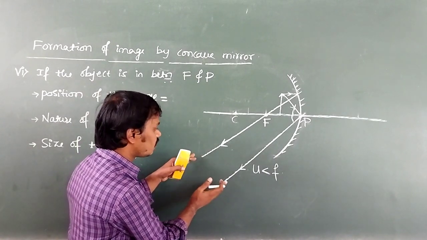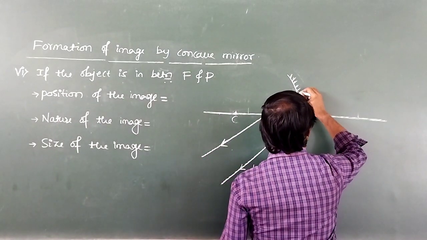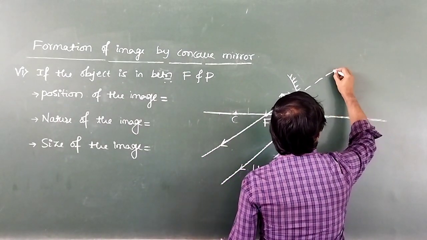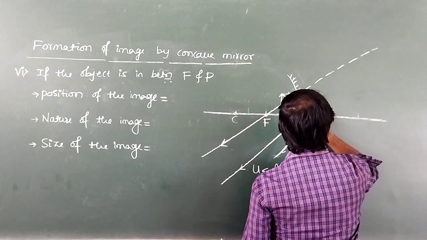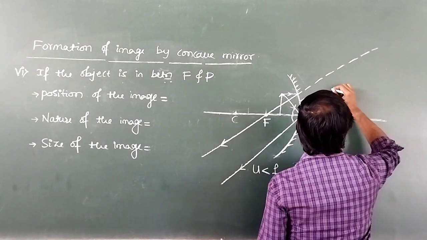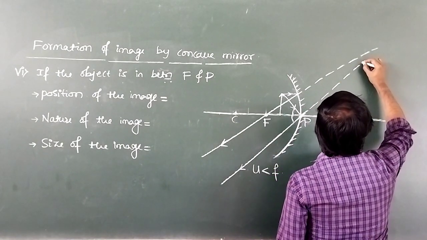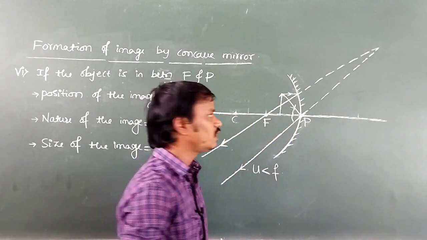These reflected rays appear to have come from a position. I will extend these two reflected rays. Where these two reflected rays meet, at that position we will get the image of the object. Okay, here the reflected rays meet.